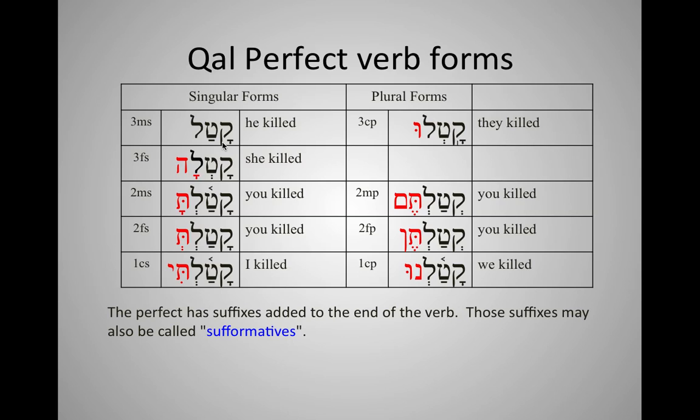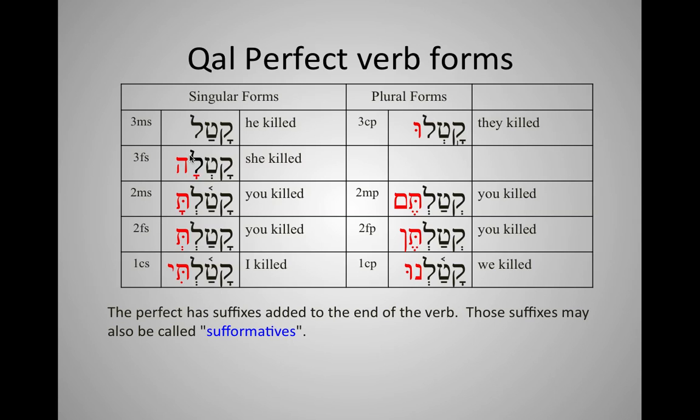We have other verbs that are irregular. Many verbs in Hebrew are irregular, meaning the letters change on us and all kinds of stuff. So katal is used in most example charts like this so you can see what verbs look like and how they work with these endings. So katal means to kill, and when it has a special ending, it essentially tells us what the subject is of the verb.